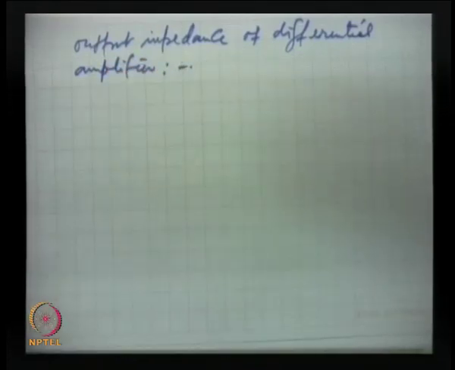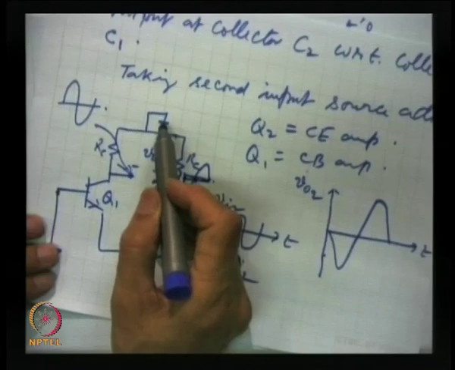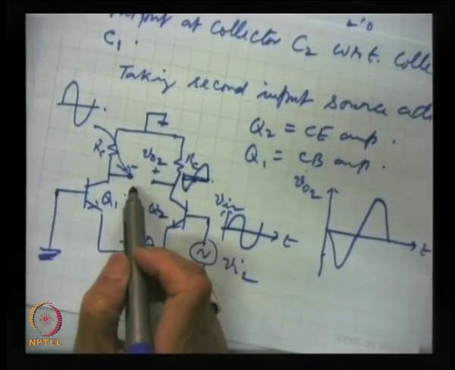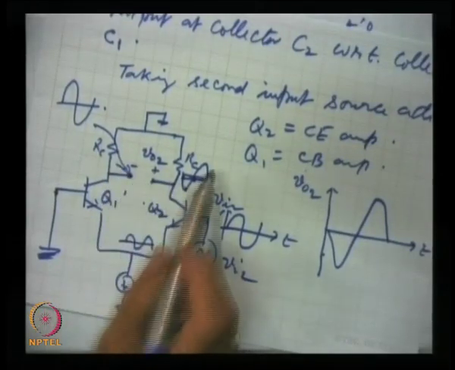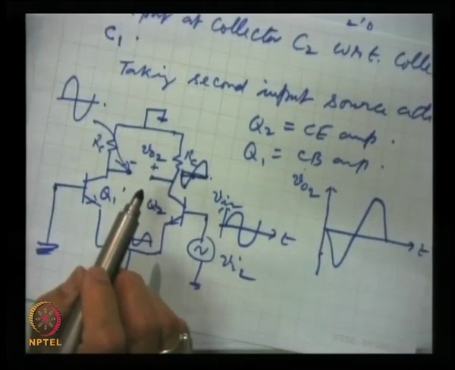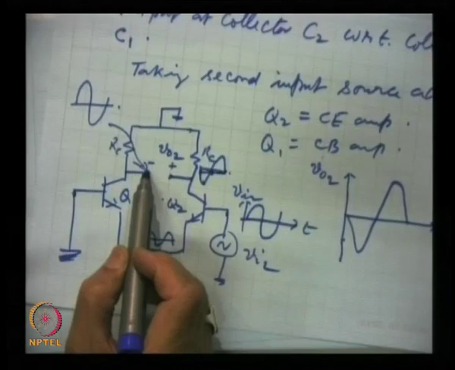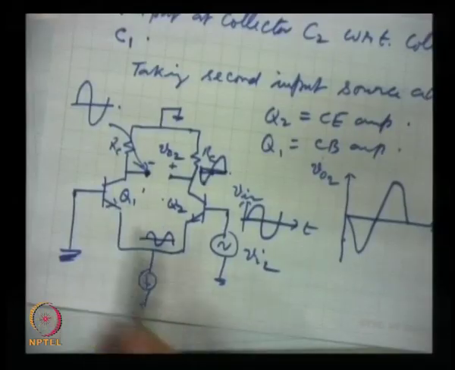The output impedance, if we look at the diagram, and this is grounded, then between this and ground, whether we measure here or here, we are going to get RC. I repeat, between the collector and the ground, the output impedance will be equal to RC, whether we measure for Q1 or Q2.